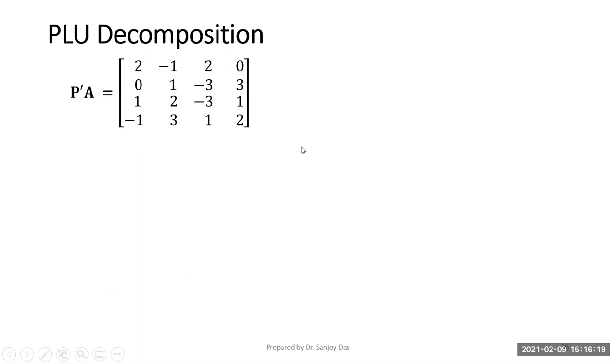Let's call this P prime. And then we did the LU decomposition on P prime A. After we did all the shuffling operations, rearranging the rows, we get this matrix here, which is the original matrix A times P prime. And so once we do the LU decomposition on this, we get L and U here, which means that P prime A equals LU, right?